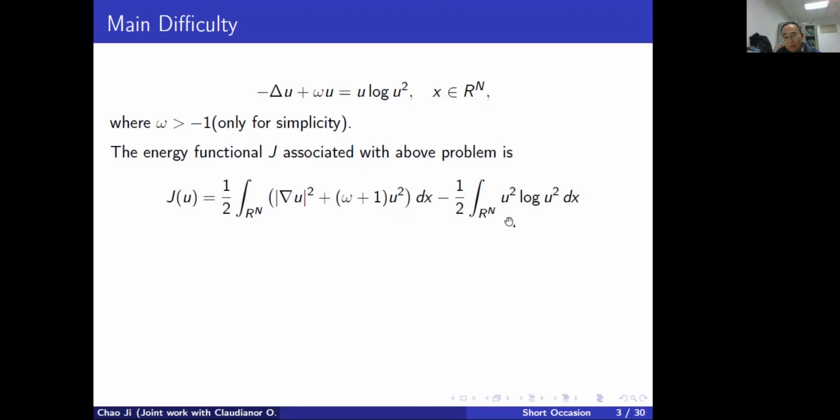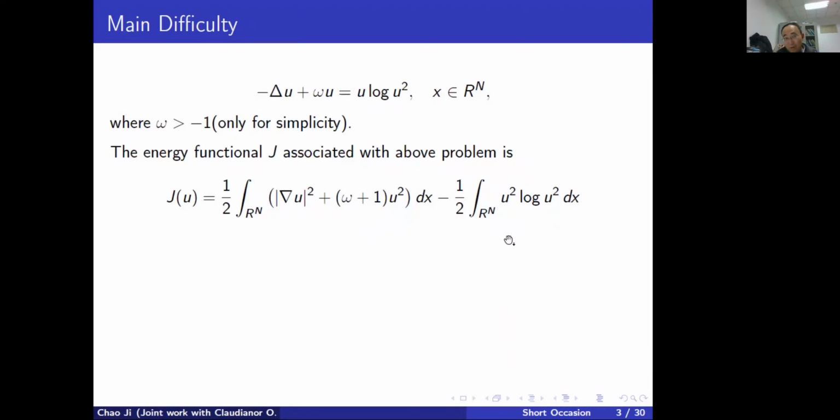We know the Sobolev embedding of H1 of Rn into Lq of Rn, q bigger than or equal to 2. So if function u is small on an unbounded domain, this functional could be -infinity. Maybe I can say more.